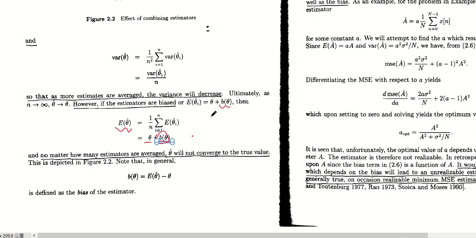And notice that B is written as a function of theta. The reason is that bias actually depends on the value of theta.